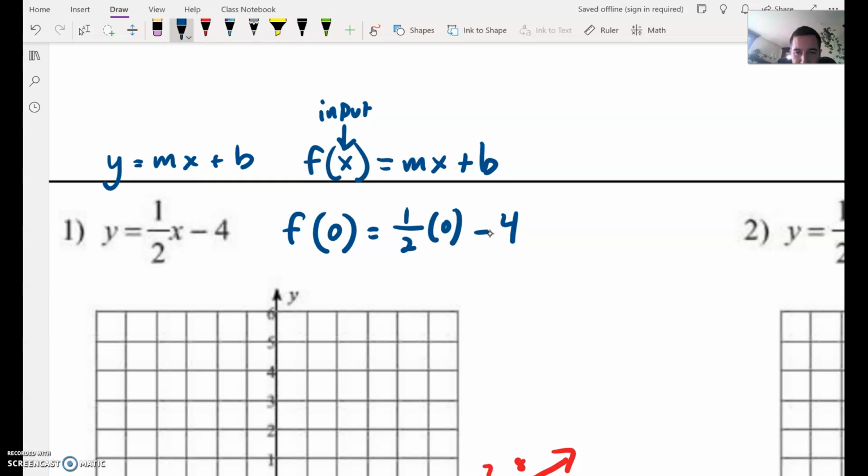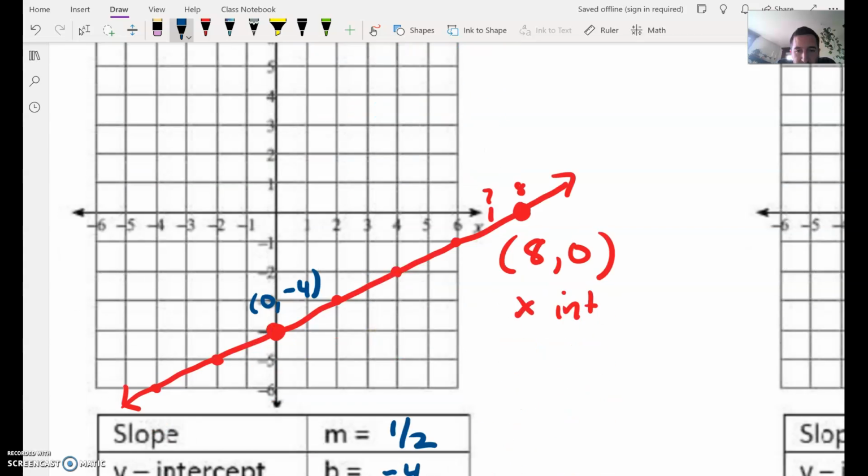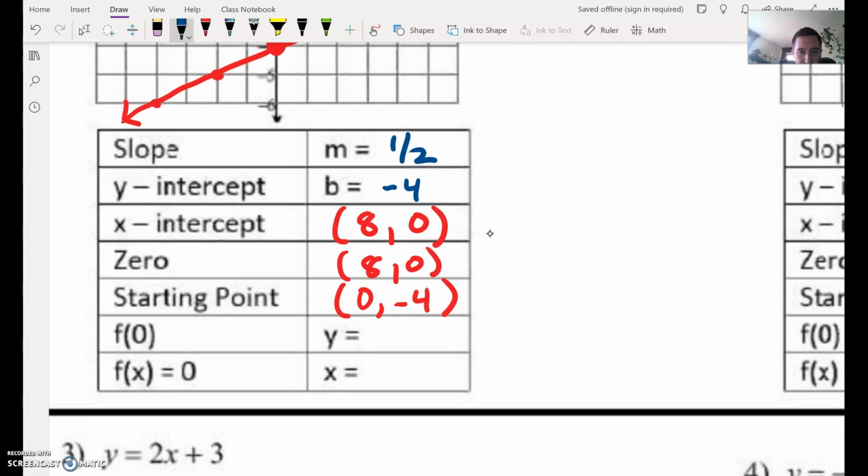And then I'm going to see what it is. So f of 0 equals, what's 1/2 times 0? Well, that's 0. What's 0 minus 4? That's -4. So f of 0 is -4. When we plug a 0 into our equation, it gives us out a -4 as the y value. So our 0 is y equals -4.